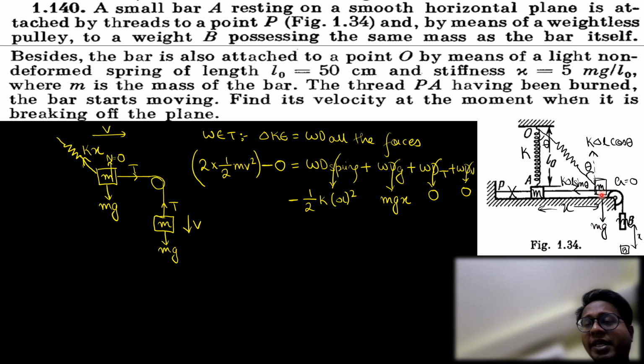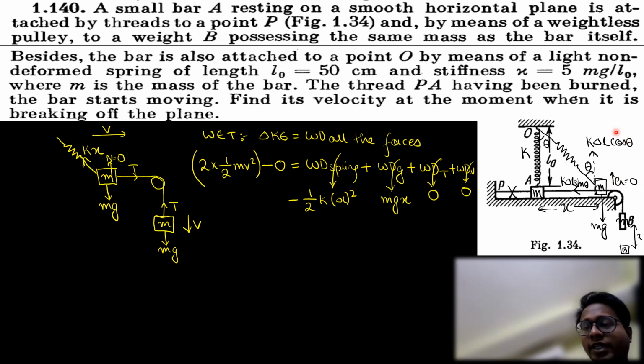Just assume at the beginning of the vertical motion, the body will just start to slide off. That means acceleration is very less, or equivalent to 0. So you can take the vertical component of acceleration to be 0. The body already moved so much, so the horizontal component of acceleration is not 0, but at the starting the vertical component of acceleration can be 0.